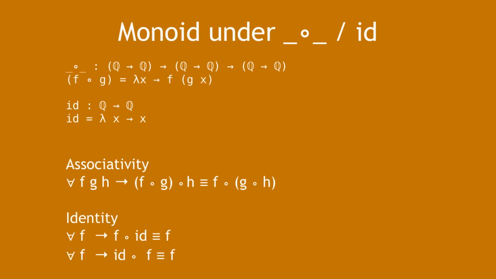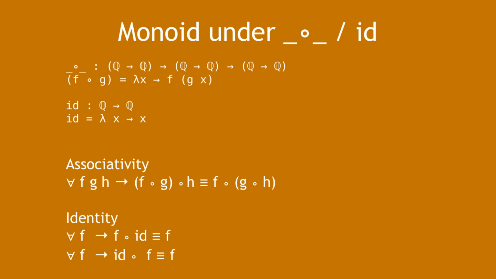The second way that they are an instance of a monoid is under function composition and the identity function. Function composition is defined as f composed g equals lambda x, f of g of x, while identity is just lambda x, x.